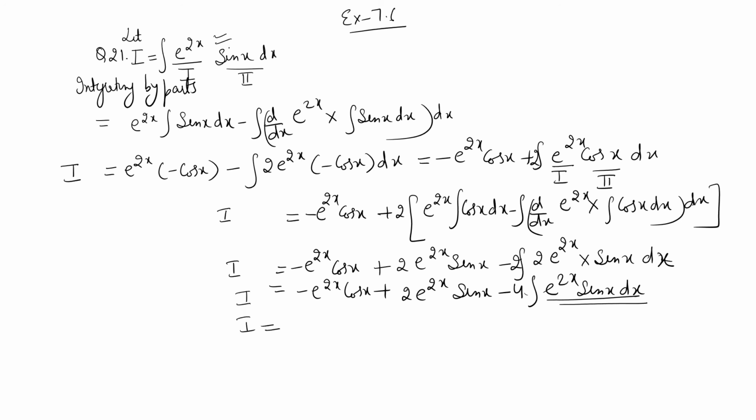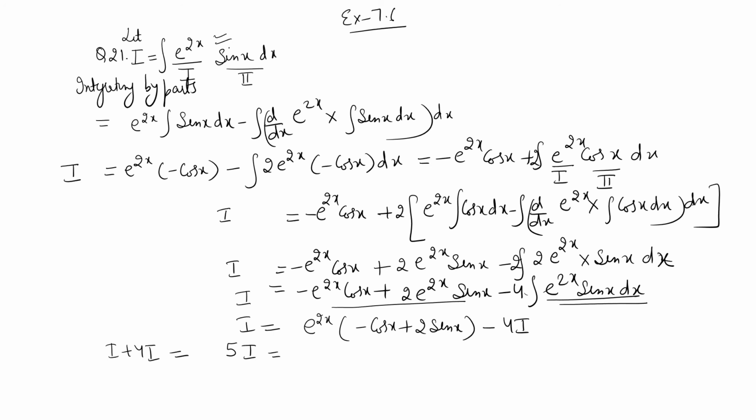From these two terms, I can take e raised to power 2x common. So it is minus cos x plus 2 sin x, and this can be written as minus 4I. Now bring this to this side. So I plus 4I is 5I.